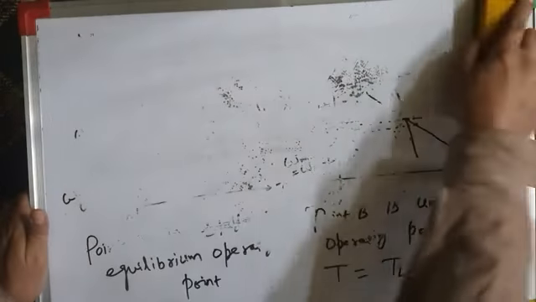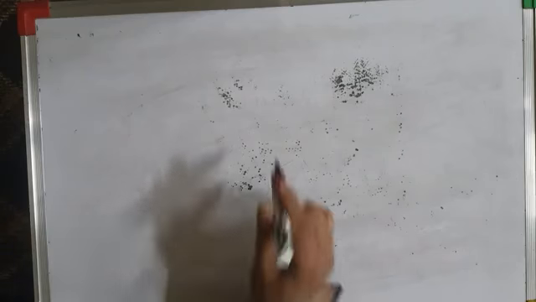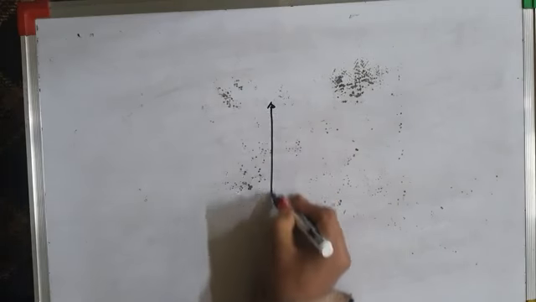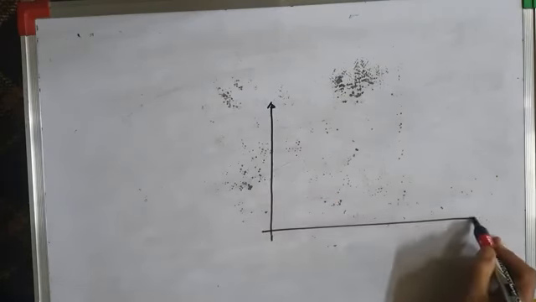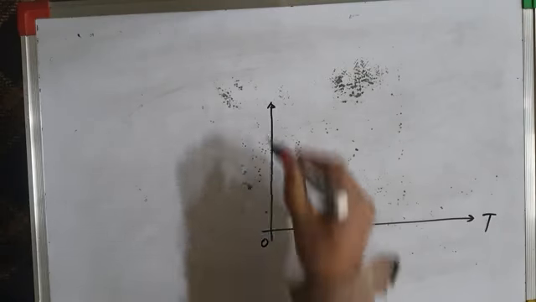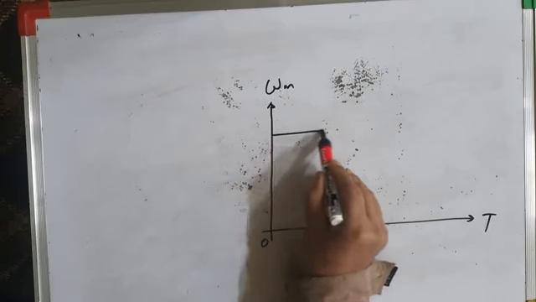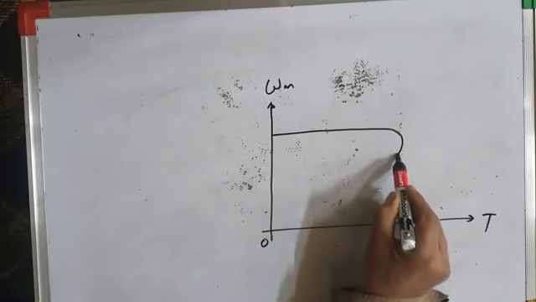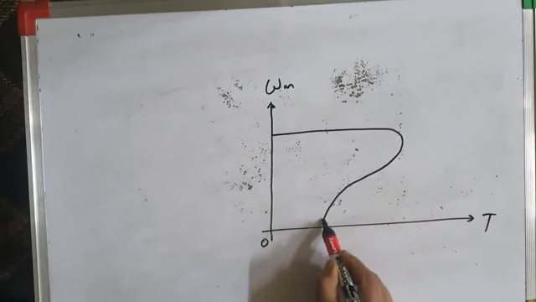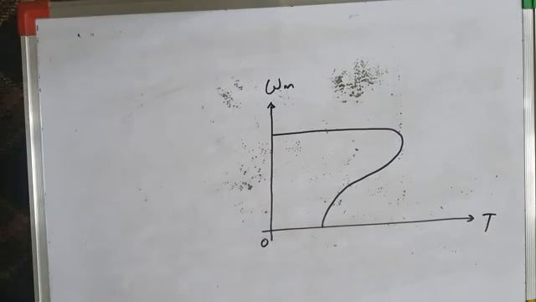Similarly, let's take the case of induction motor torque speed characteristics. This is torque along x-axis and speed along y-axis. The induction motor torque speed characteristics are something like this. This is the starting torque.